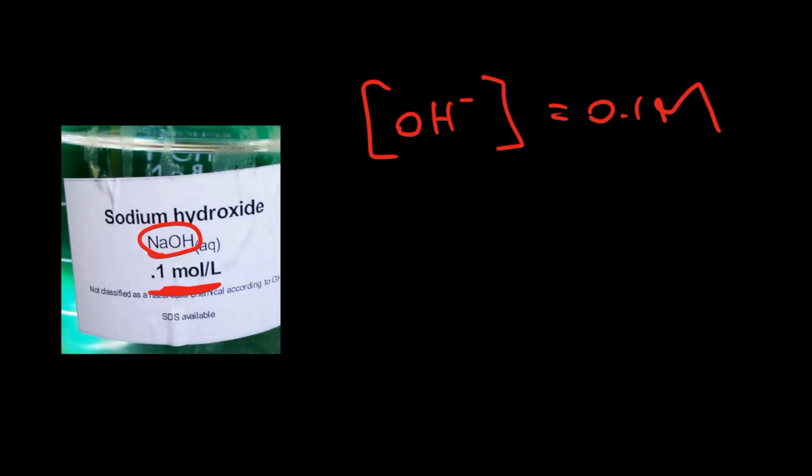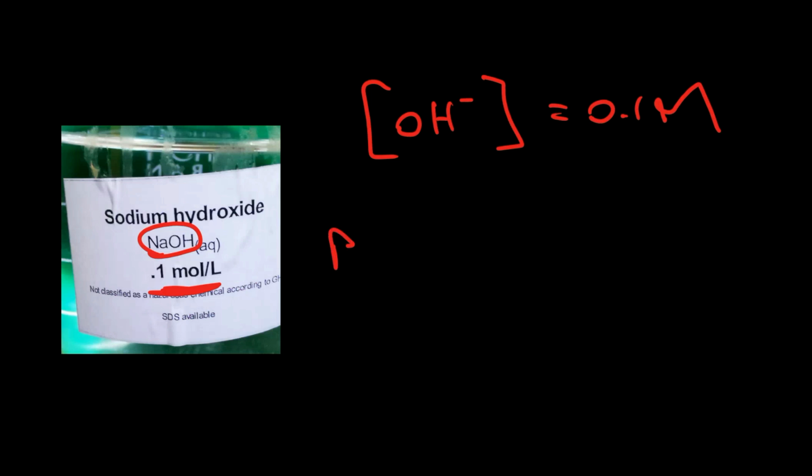So let's just do a quick example of that. Here we have sodium hydroxide. Now, this concentration of 0.1, right, that's the concentration of the sodium hydroxide, but we can see the equation. For every 1 sodium hydroxide, we're going to get 1 hydroxide ion. So the concentration of the hydroxide ion is going to be the same, right? 0.1 mole per liter.